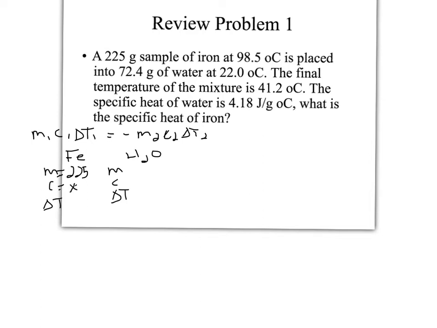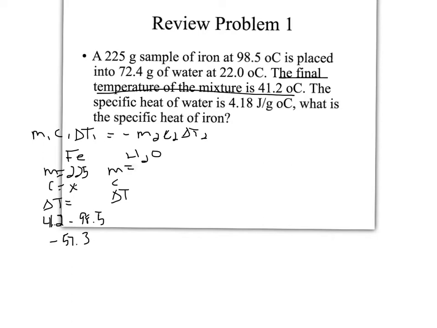When we're doing the temperature of iron, remember that the final temperature of the mixture is the final temperature for both. So the temperature change for iron is going to be 41.2 minus its initial temperature, 98.5. So that'll give us a temperature change of iron of a negative 57.3 degrees Celsius.